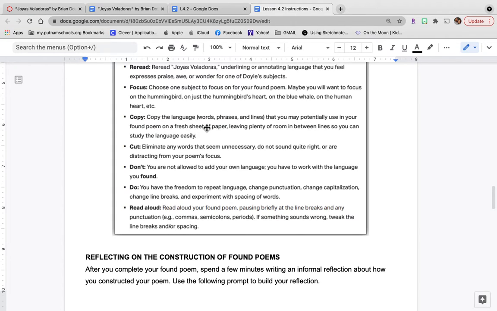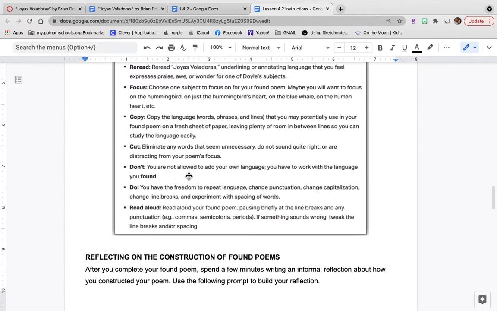Copy the language, words, phrases, and lines that you may potentially use in your found poem on a fresh sheet of paper, leaving plenty of room in between lines so you can study the language easily. Cut. Eliminate any words that seem unnecessary, do not sound quite right, or are distracting from your poem's focus.